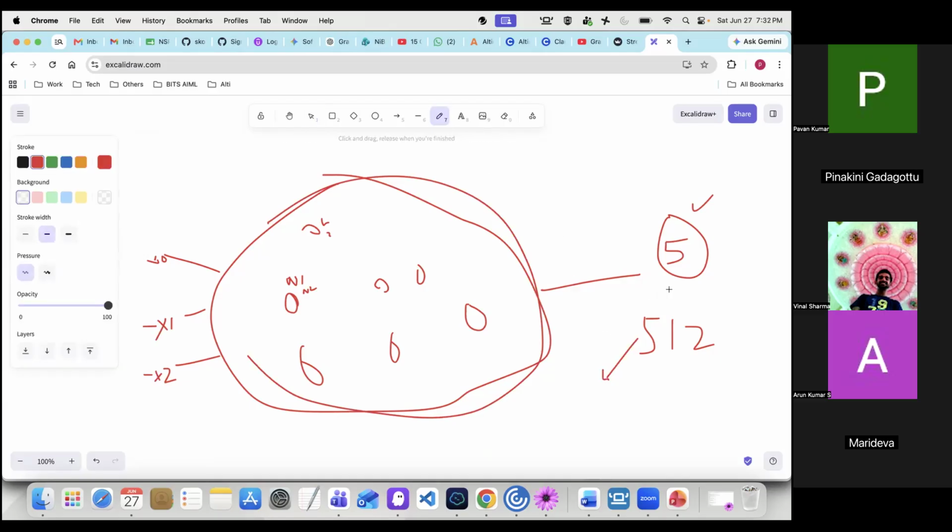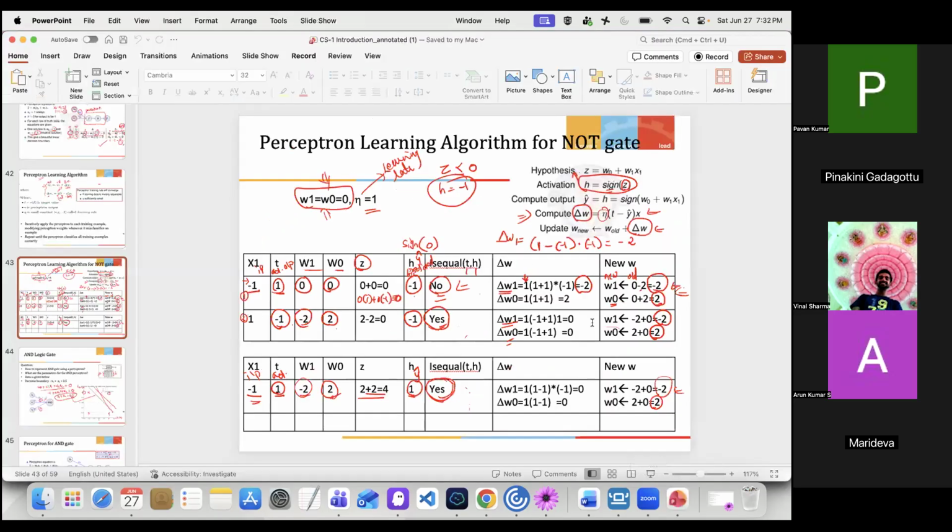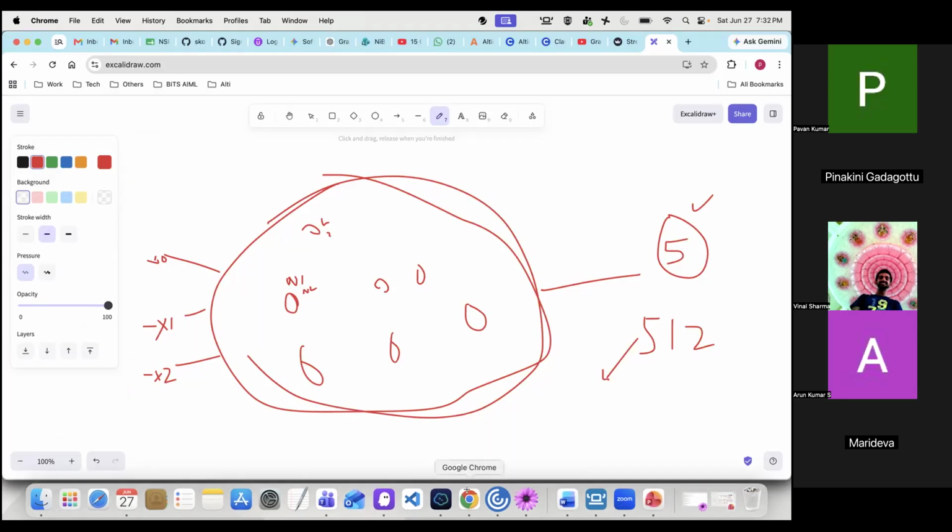You calculate that delta, whatever we showed here, and then you backpropagate, so these weights rearrange themselves or move towards a certain value, so that whenever you give x1 and x2 certain values, you get the expected output.